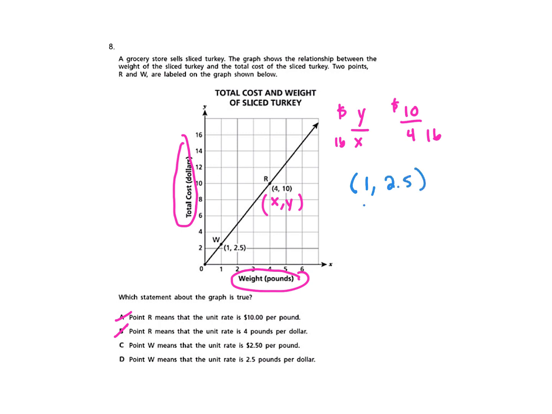So this again is the x, and this is the y. So y would be 2.5, and remember it's money, so this must be $2.50. And the x value is referring to pounds, 1 pound. And unit rate or unit price is talking about the amount for one. So in this case, it's $2.50 for 1 pound. So C is our choice.